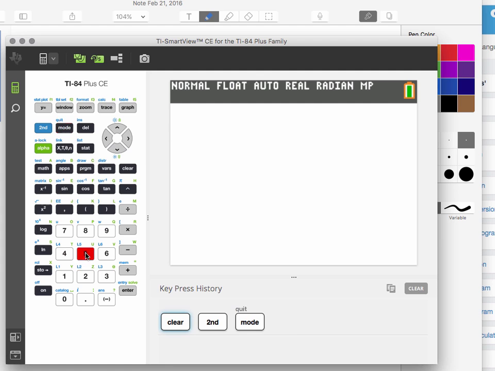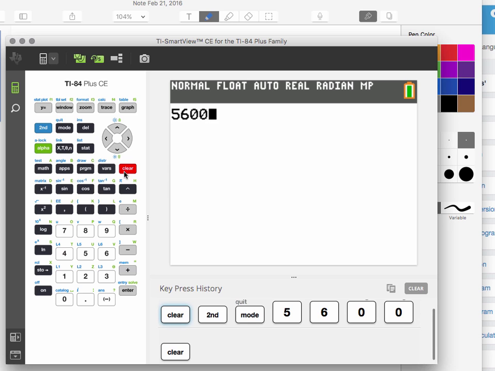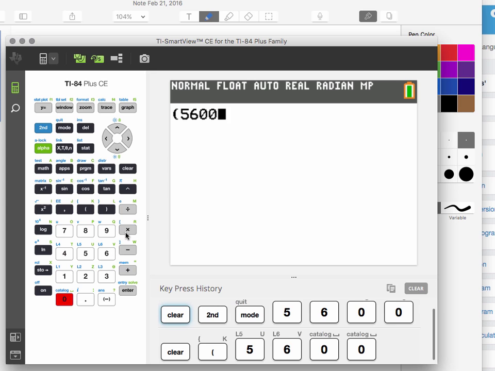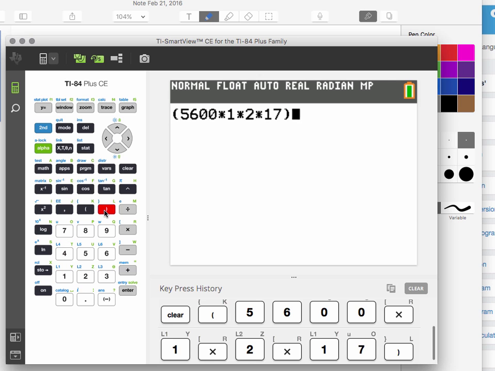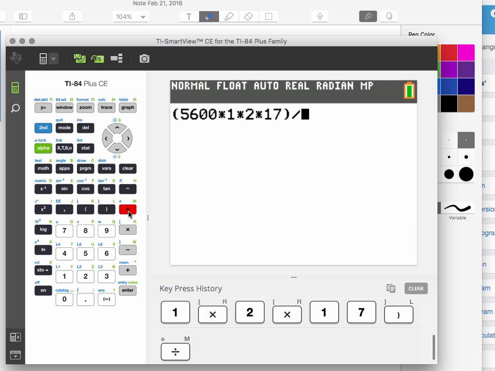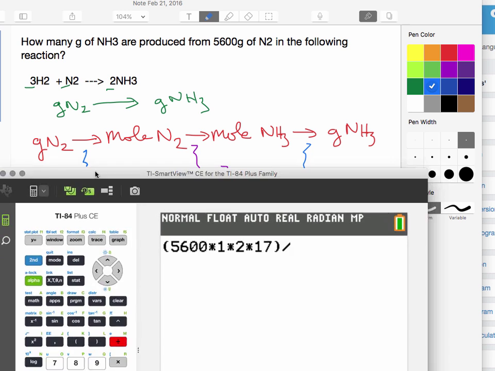And I'll tell you what, I'll put it in parentheses so that it looks a little cleaner. Left parenthesis, 5,600 times 1 times 2 times 17, right parenthesis, divided by 28 times 1 times 1.